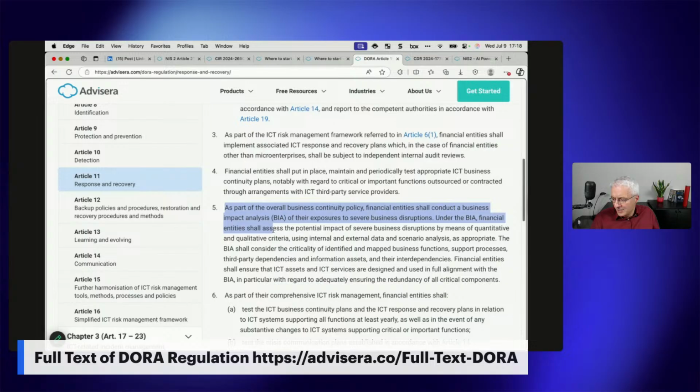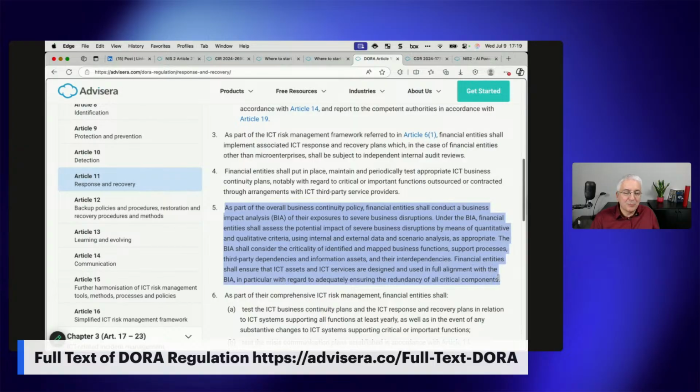Under the BIA, financial entities shall assess the potential impact of severe business disruptions by means of quantitative and qualitative criteria, using internal and external data and scenario analysis as appropriate. The BIA shall consider the criticality of identified mapped business functions, support processes, third-party dependencies, and information assets and their interdependencies. Financial entities shall ensure that ICT assets and ICT services are designed and used in full alignment with the BIA, in particular with regard to adequately ensuring the redundancy of all critical components.